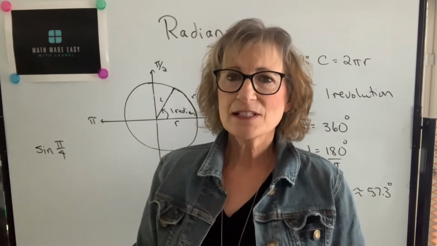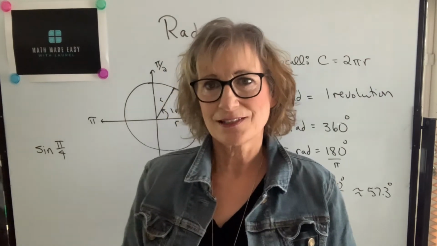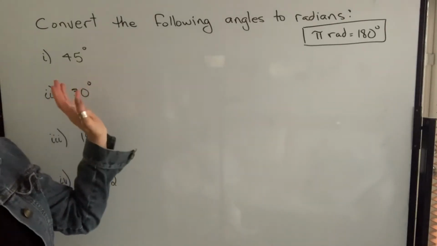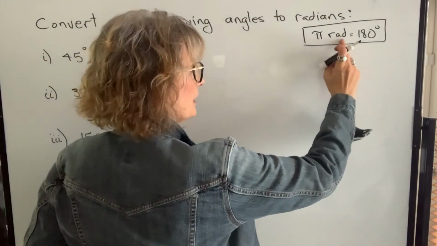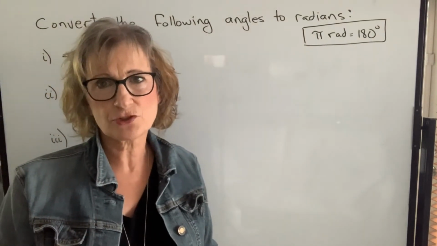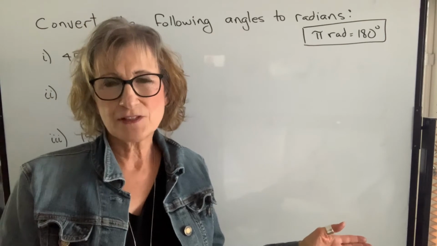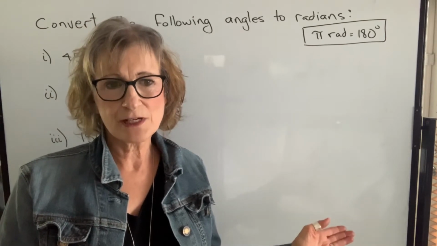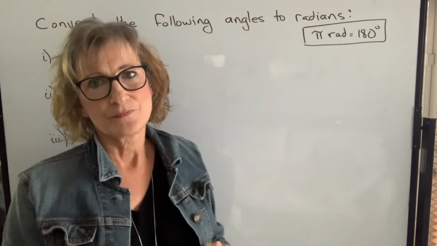Let's take a look at some examples of converting angles from degrees to radians and radians to degrees. If we had our angles in degrees and we wanted to change to radians, remember that pi radians is equal to 180 degrees, and we're going to use that in a process called dimensional analysis to do the conversions. I don't like using that 57.3 degrees equals 1 radian because that's an approximate value. This is exact.